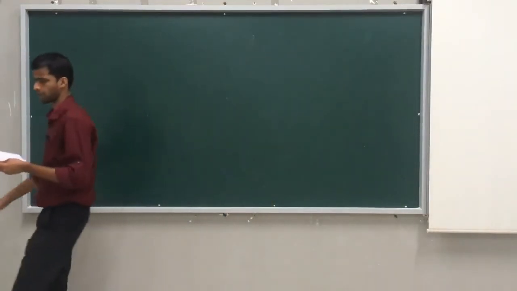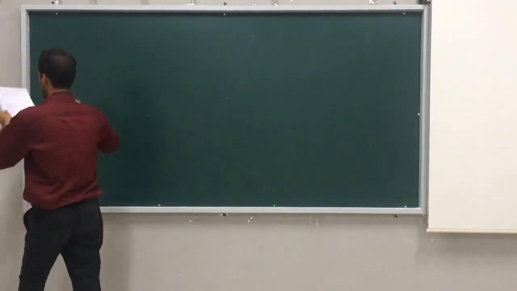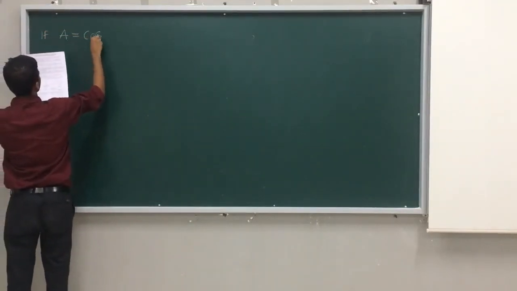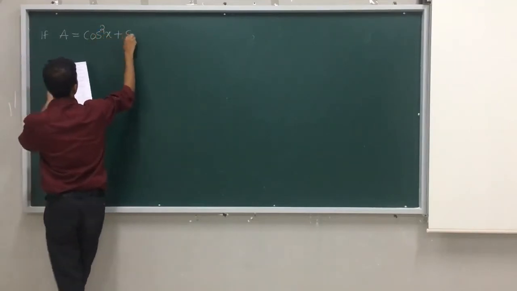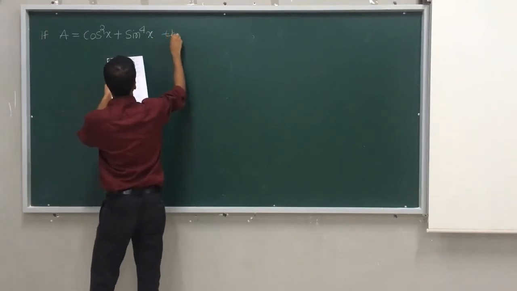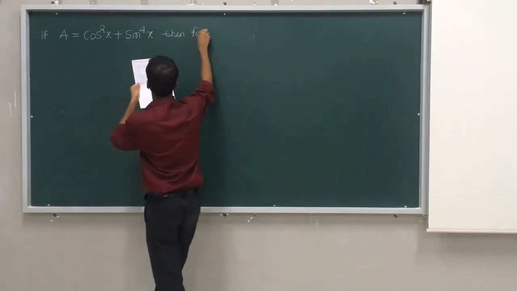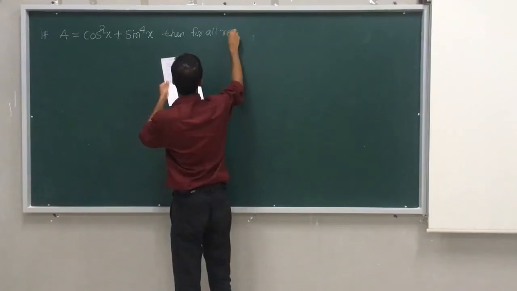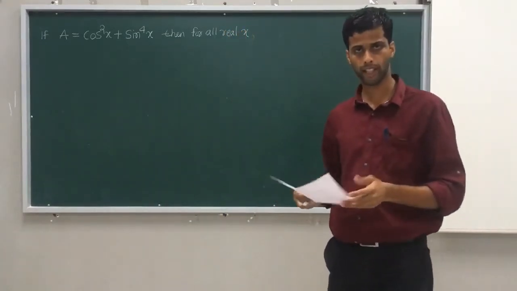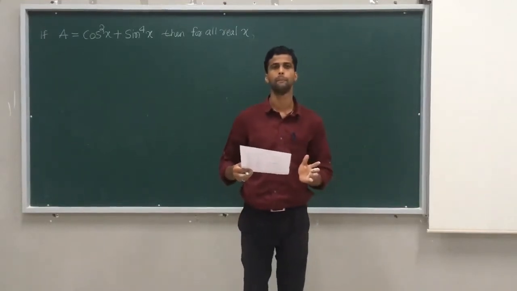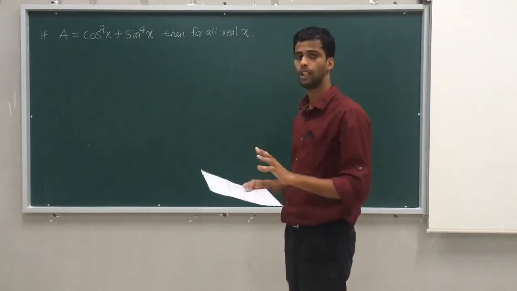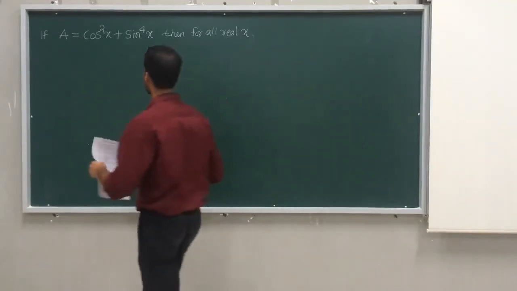In the next question, what is given is A equals cos square x plus sin raised to 4x, for all real x. Four options are given, and we have to work out which option is correct.